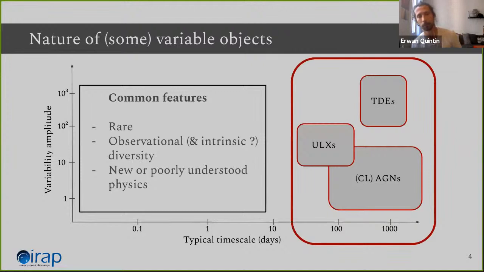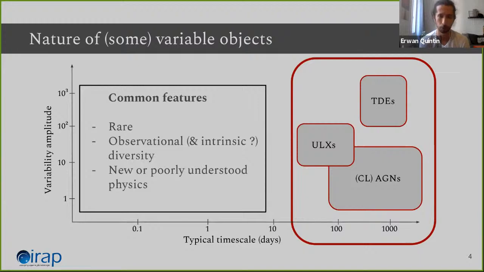What's interesting about those 3 types of objects is that they are extremely rare. Tidal disruption events, we know only a handful of them in X-rays. ULXs, we know a lot of them, but what's interesting is that some of them have pulsations, and we only know 7 pulsating ULXs, or 8, as we'll see later. And changing-look AGNs are also quite rare.